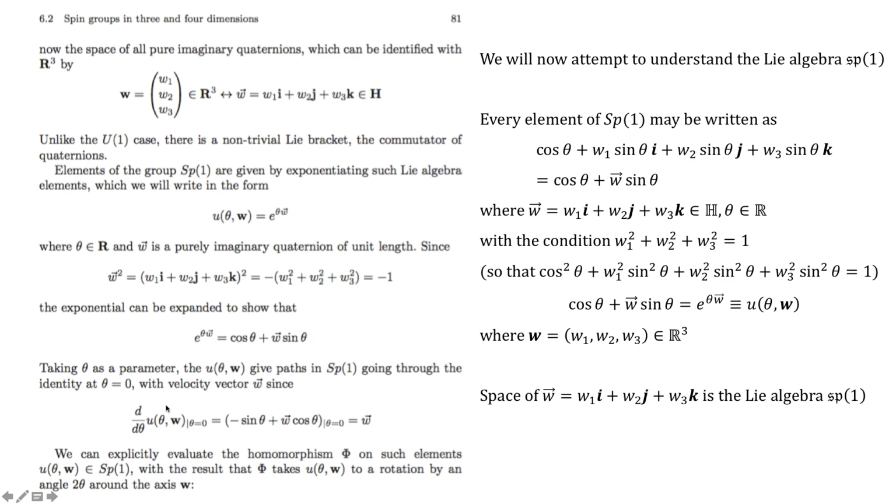This would then give us the velocity vector at the identity element of the SP1 group. And evaluating this derivative of a quaternion here, we just get the W arrow, which is in the space of purely imaginary quaternions. We can then say that the Lie algebra of SP1, which is the tangent space at the identity element, is hence the space of purely imaginary quaternions.